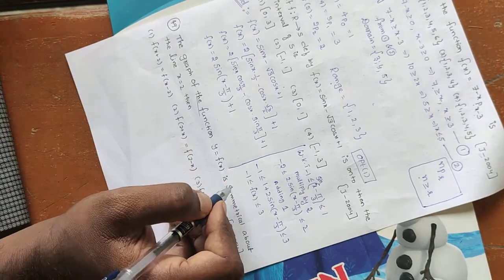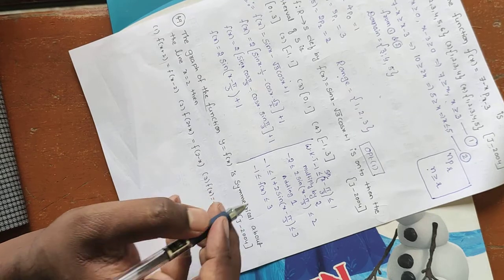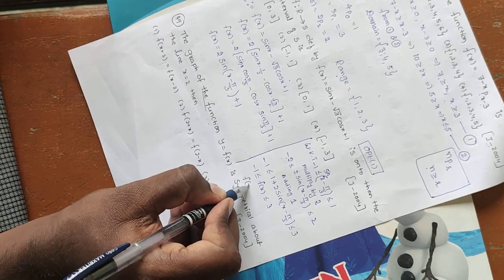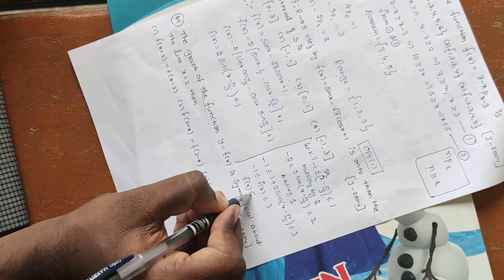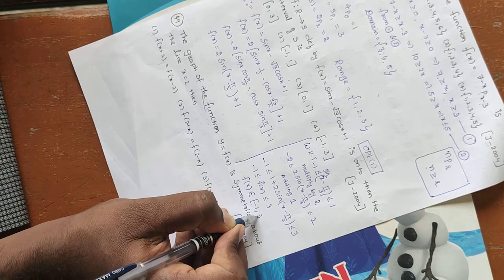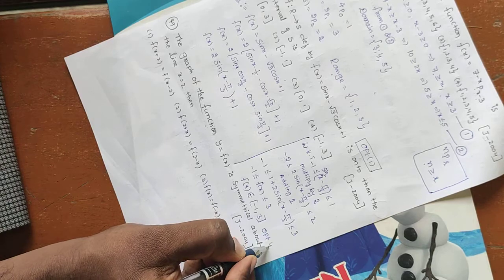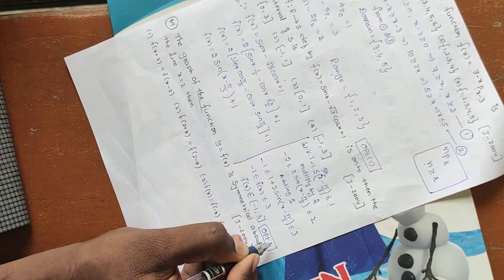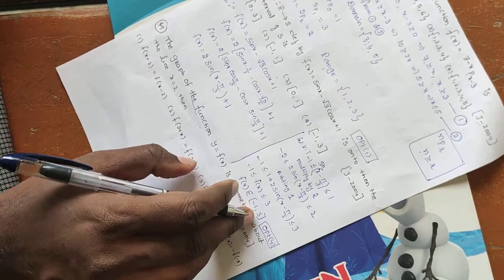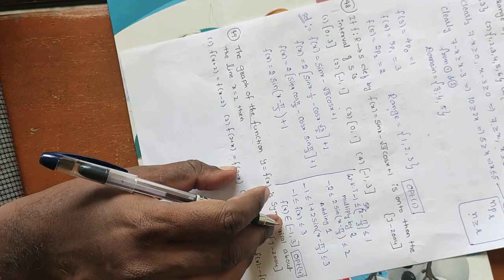Here equal to is there, that's why you will get a closed bracket, then f of x is nothing but closed bracket minus 1 comma 3. That is the answer, that is nothing but option 4 is the correct answer for this question number 48.